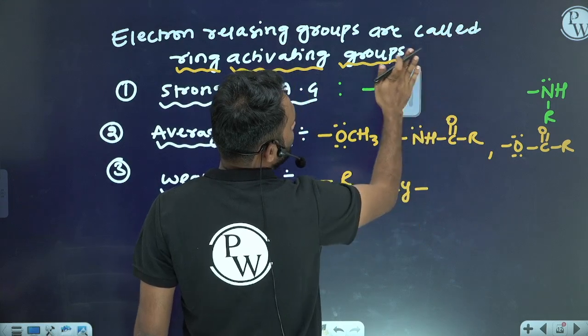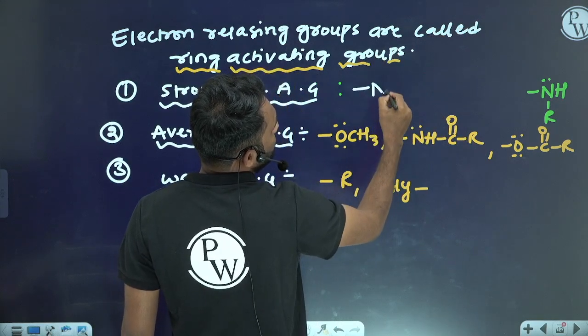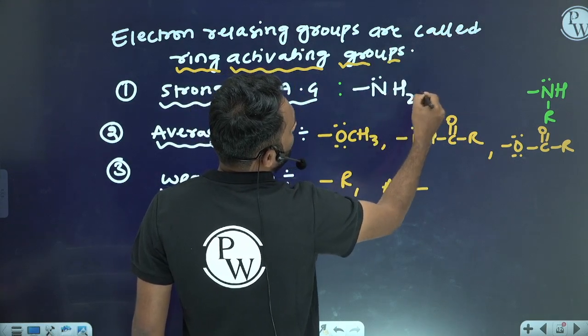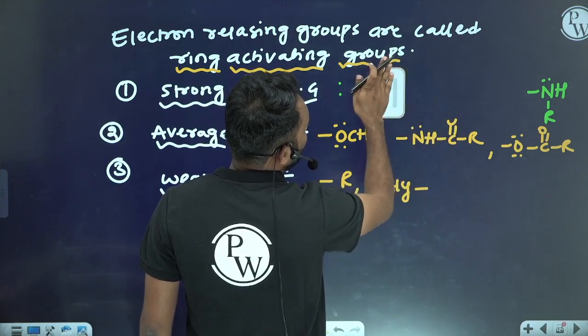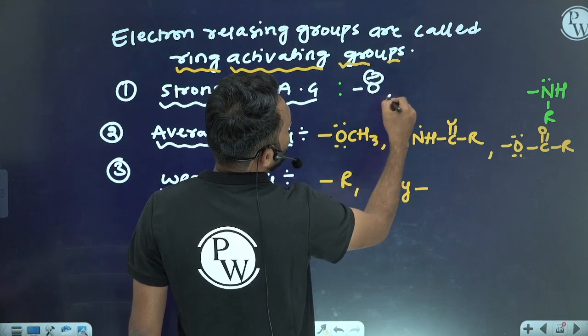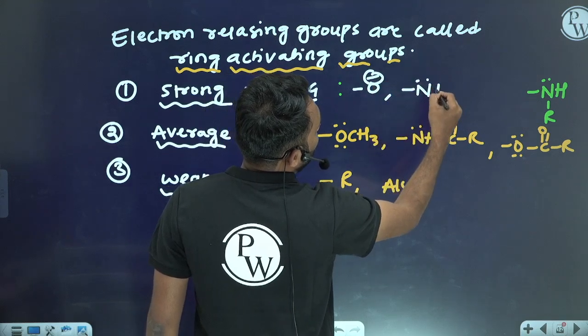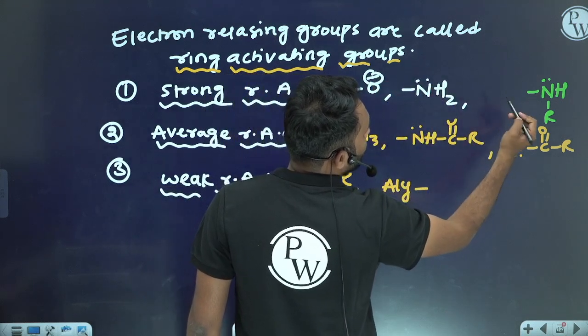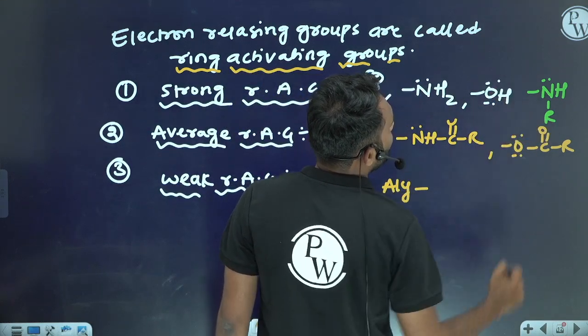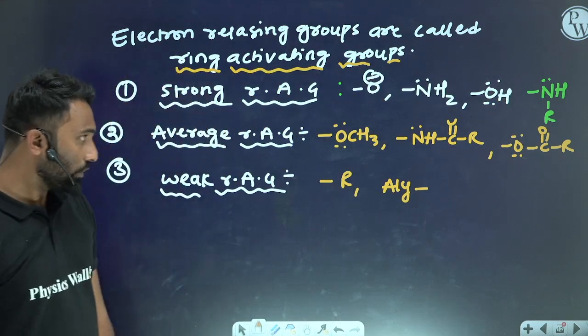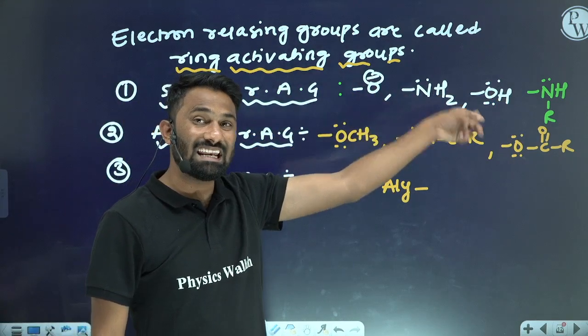Now first is NH2, then NH minus, next O minus. When compared, the NH2 and the OH, NH2 will readily release them.